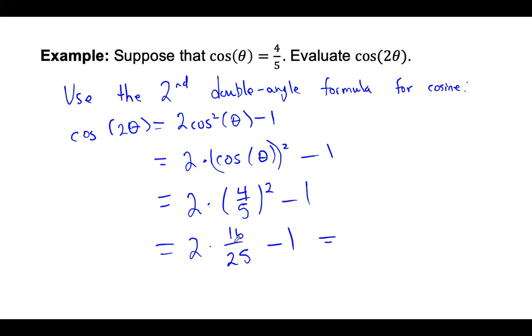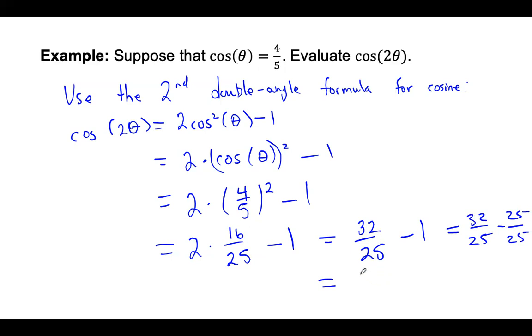2 times 16 is 32, divided by 25, minus 1. So we can write 32 divided by 25 minus 25 divided by 25, a common denominator like we did before. 32 minus 25 is 7.